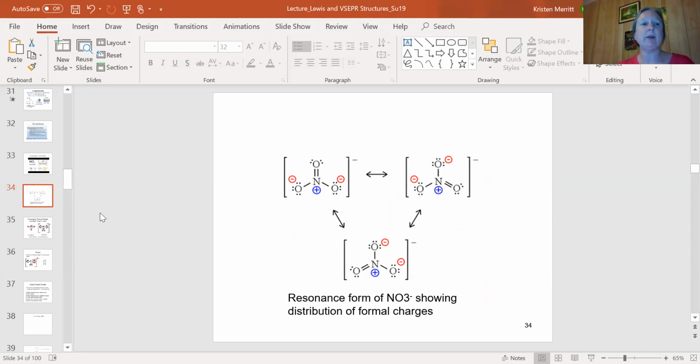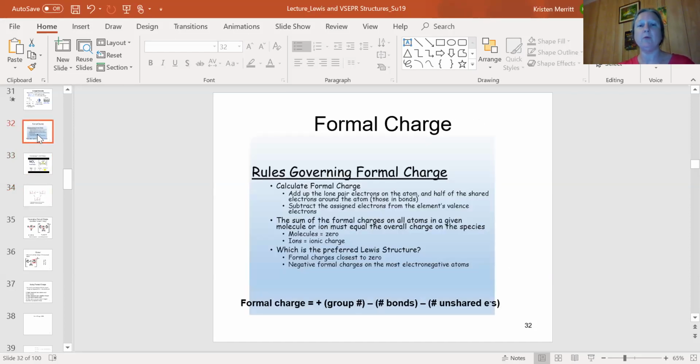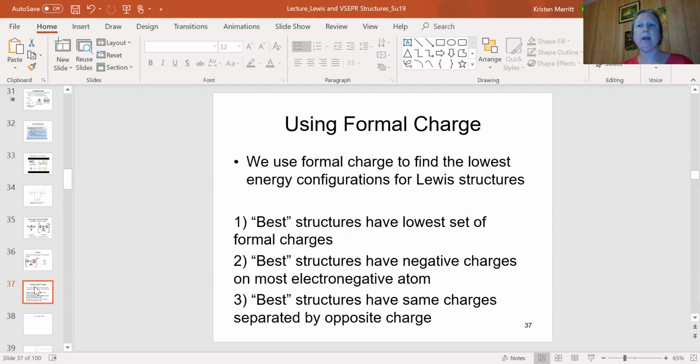How do we know which is the best structure? We calculate and assign a formal charge. The formal charge is assigned on each individual atom, and you put the number next to the atom. So I'm going to show you how we do it, and then I'm going to show you how we decide the lowest energy structure. That's this set of rules. And then I'll work through a couple examples.